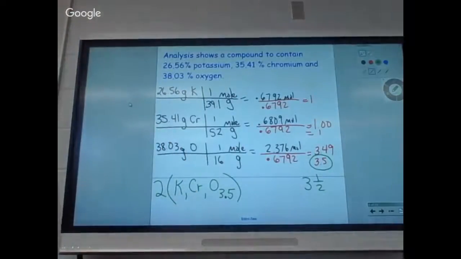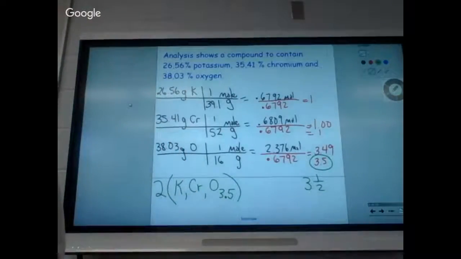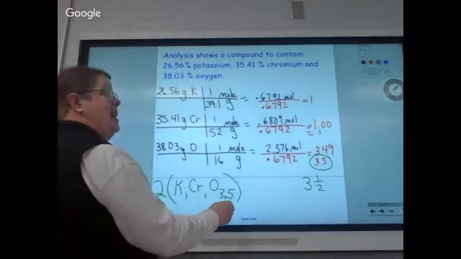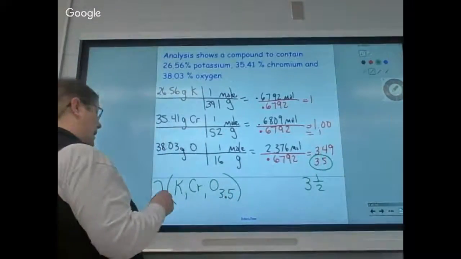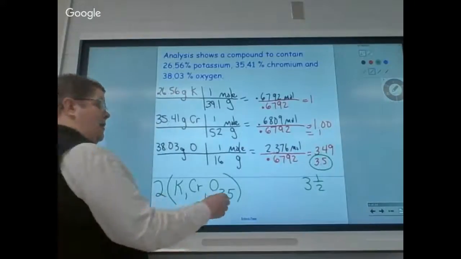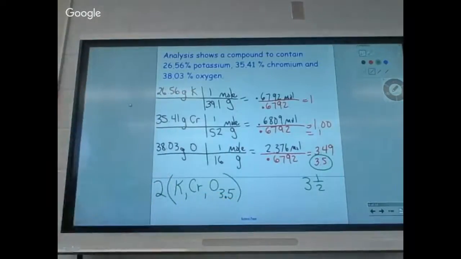We need to get rid of the half, so we need to multiply by something that'll get rid of the half. What's the opposite, the reciprocal, or the inverse of a half? 2/1, or just a 2. So to get rid of a half, we multiply by a 2, and the half will go away.